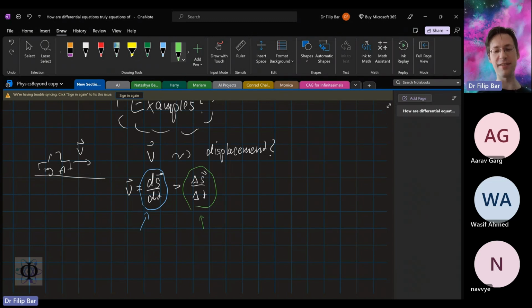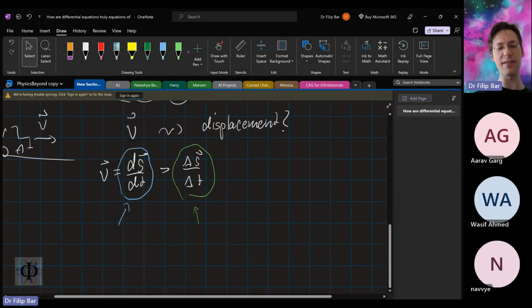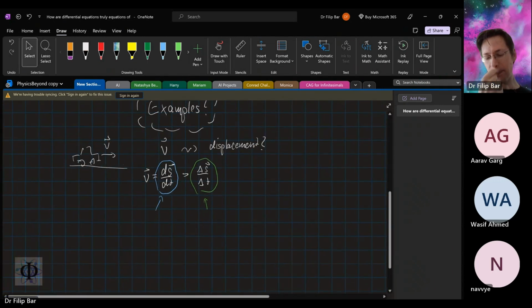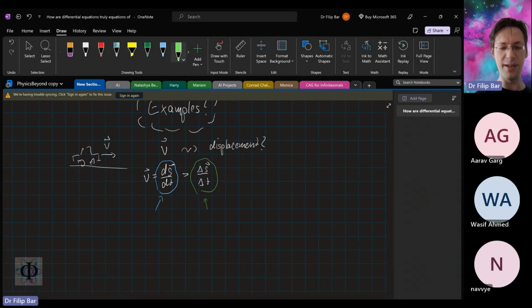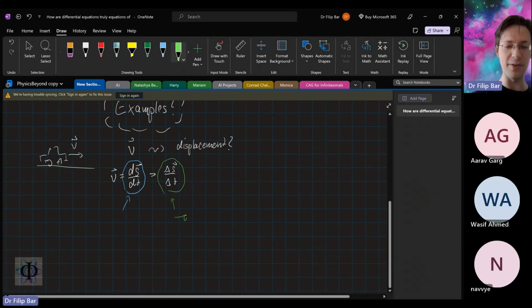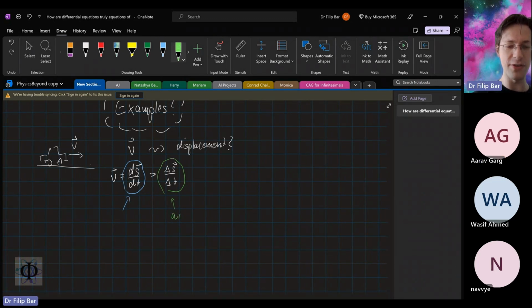What's the physics difference? They have two different meanings, right? What is the thing that I've circled in green? How is that called? The average velocity. Well done. That's the average velocity, right? So this is average velocity. And the blue one is?